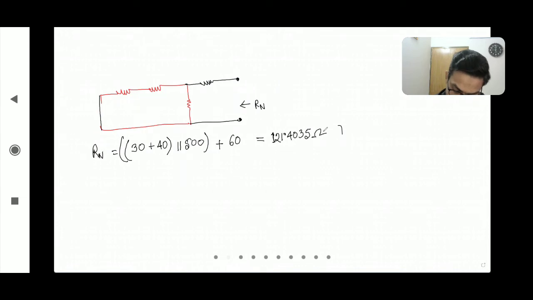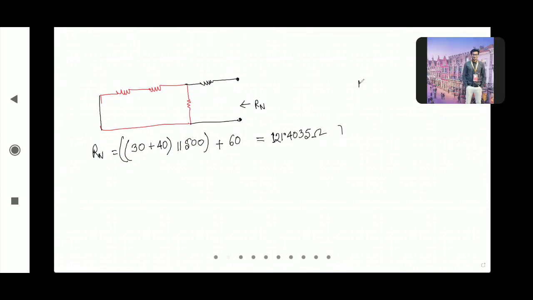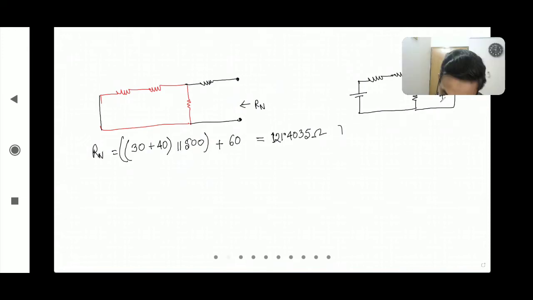Okay, so to find the IN, we need to find the total current I first, right?